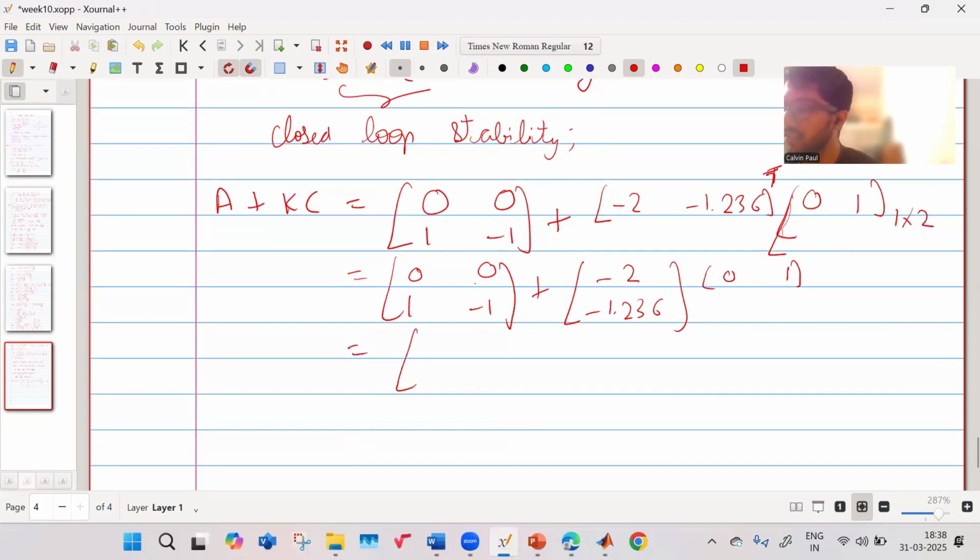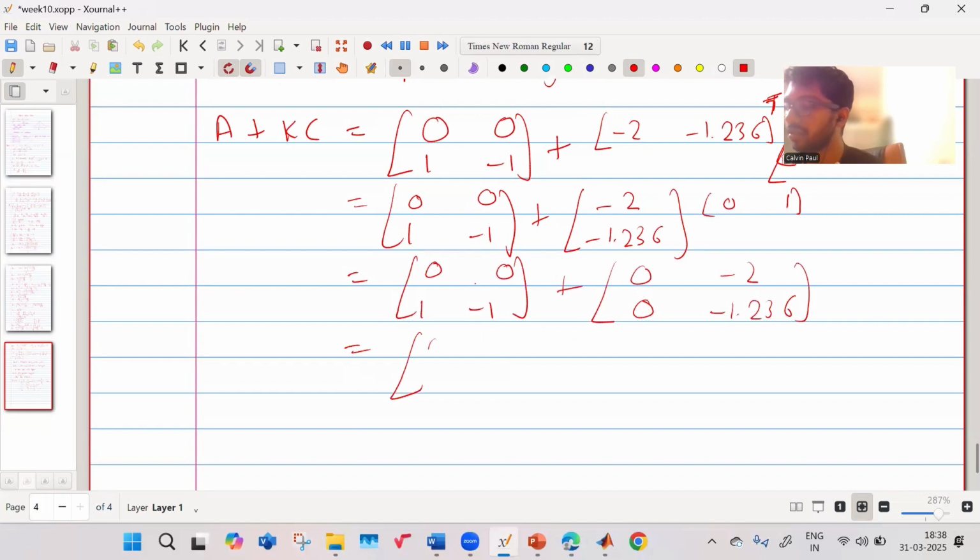This is equal to 0, 0, 1, minus 1, plus 0, minus 2, 0, minus 1.236. So this becomes 0, minus 2, 1, minus 2.236.